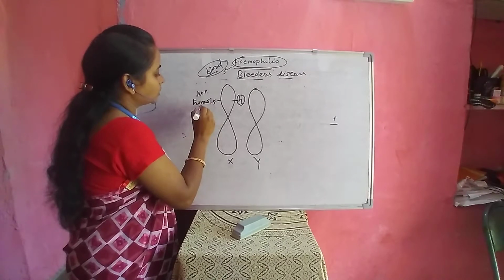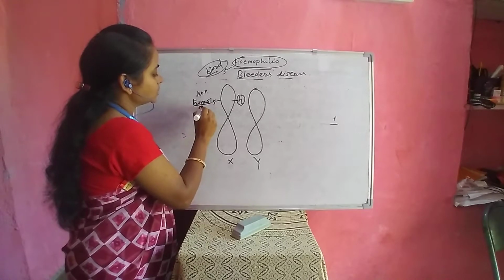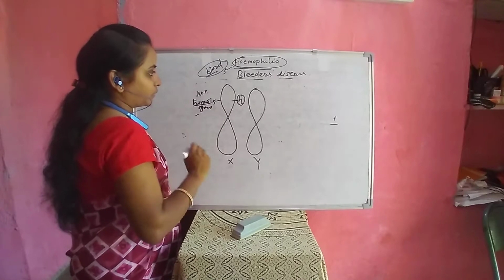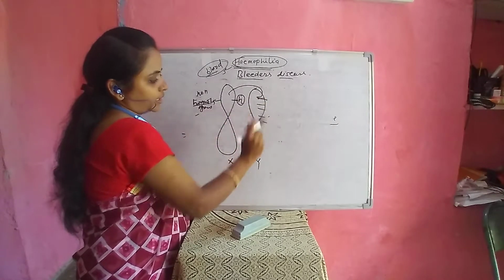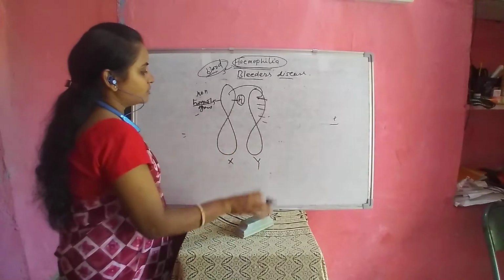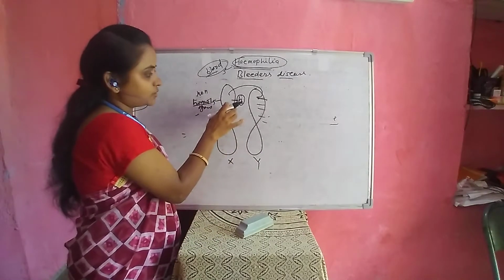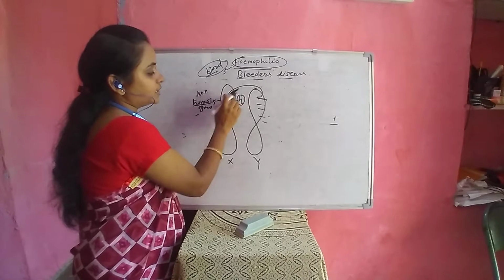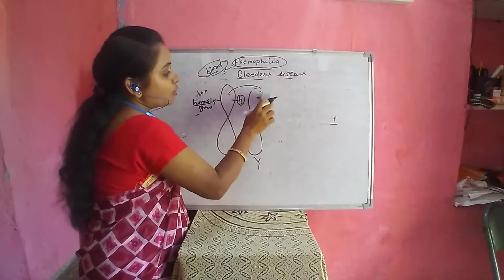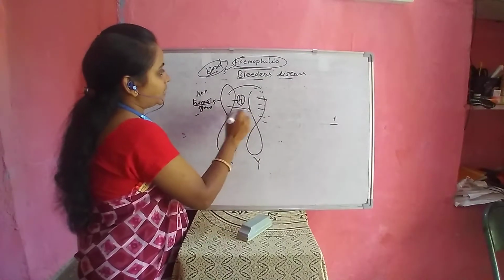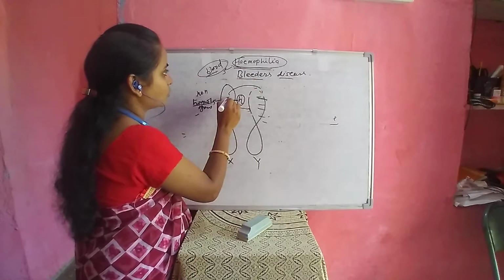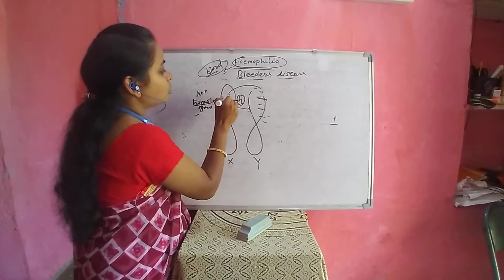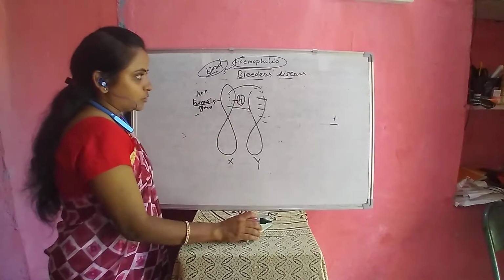We know what is meant by the non-homologous region: it does not correspond to the Y chromosome. This gene is present on the non-homologous region of the X chromosome and not on the Y chromosome. This is called an X-linked disorder, where the gene is present on the non-homologous part of the X chromosome.